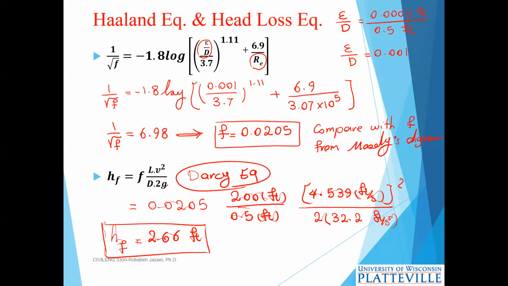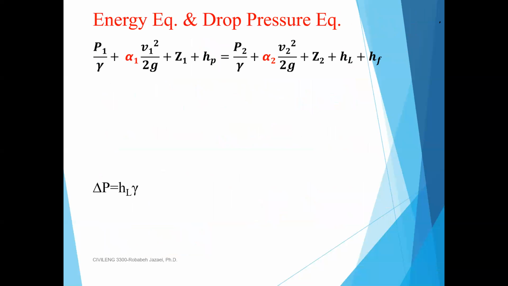All right, after we find friction factor and find out what is head loss, the next step is to find the pressure drop. So for pressure drop, we're using energy equation. And the fun part of energy equation is to find out which one is 0.